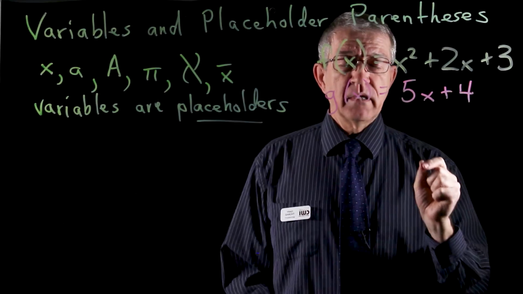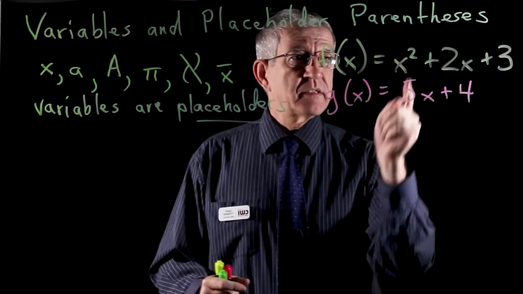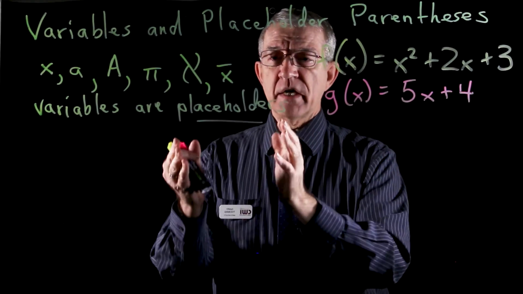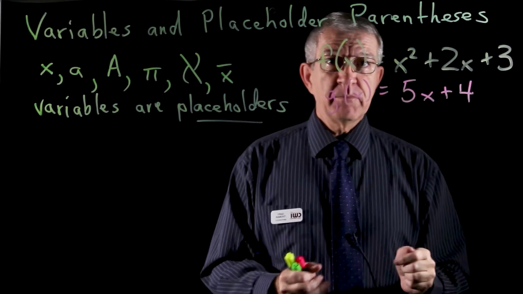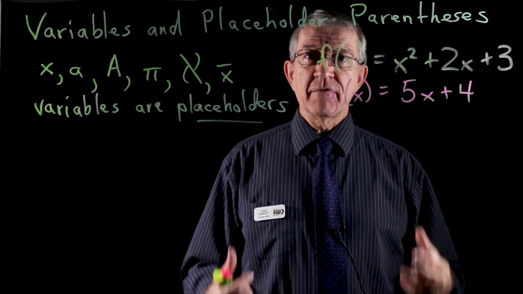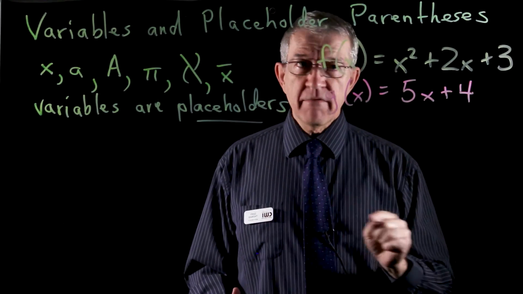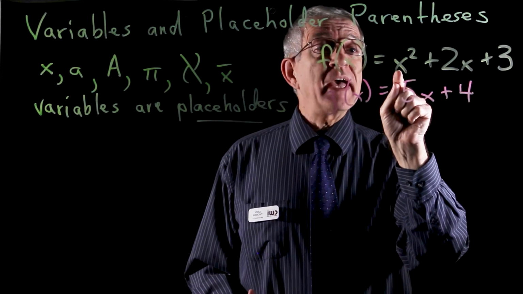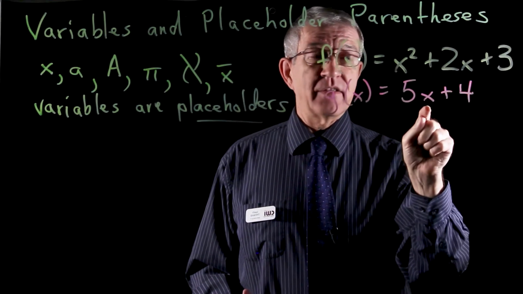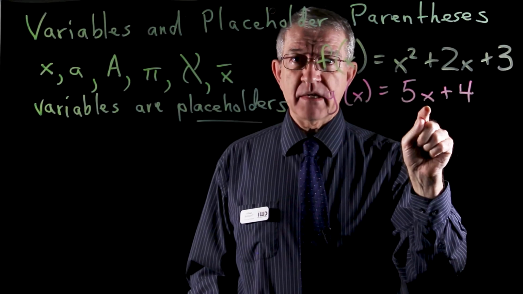And the important key takeaway is that these x's are just placeholders, and in particular, because they're standing for something else, don't ever, ever, ever imagine that this x and this x are the same x.